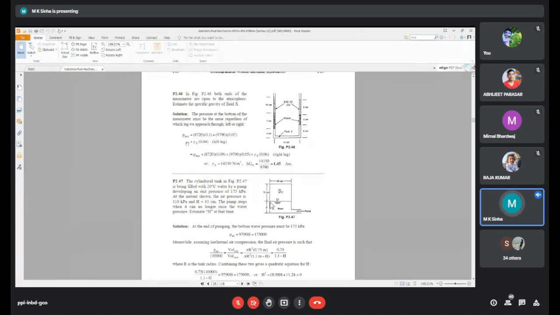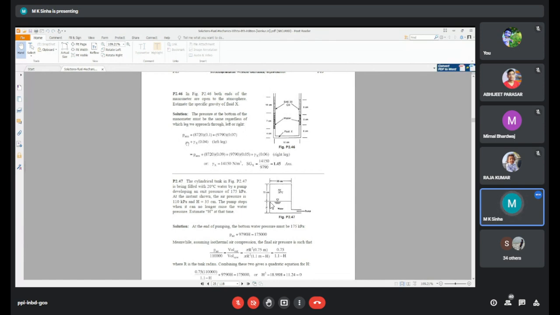So P equals rho g h. It is open to the atmosphere, so P atmospheric, and then rho into g, that will come out for this oil as 8720 into h. h is given in centimeter, that will become 0.1 meter.